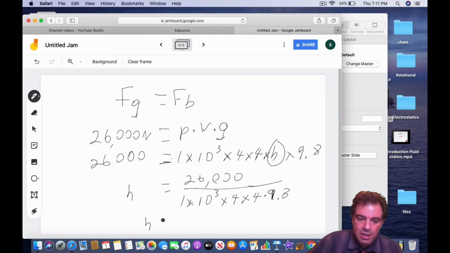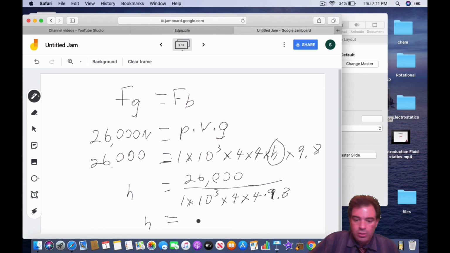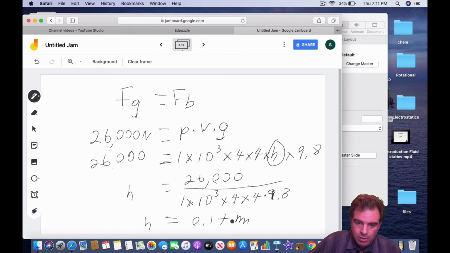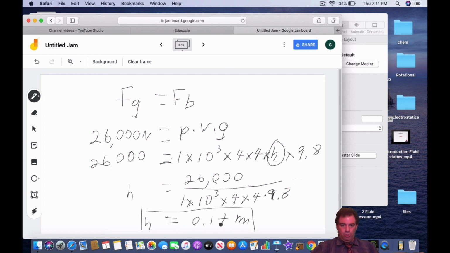When we do this calculation, it is approximately 0.17 meters. In other words, even though the entire thickness of the pine wood is 0.30, only 0.17 is going to be submerged, and 0.13 meters is going to be left exposed in the air.